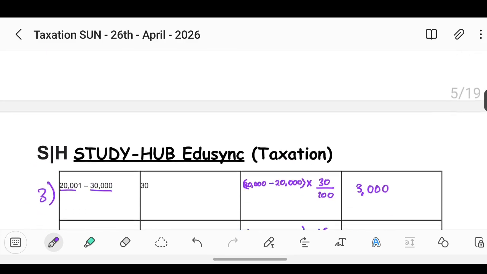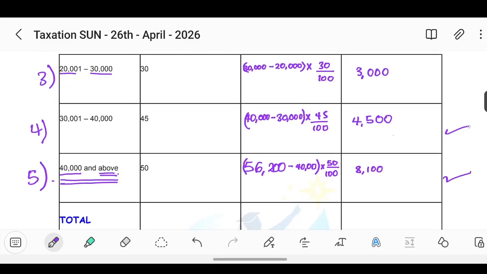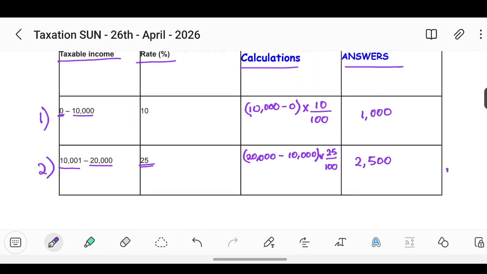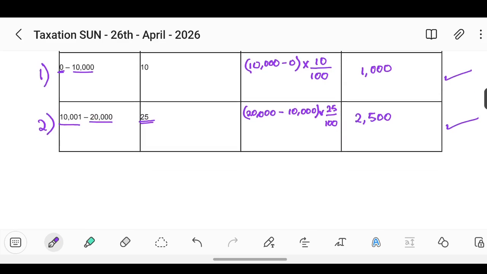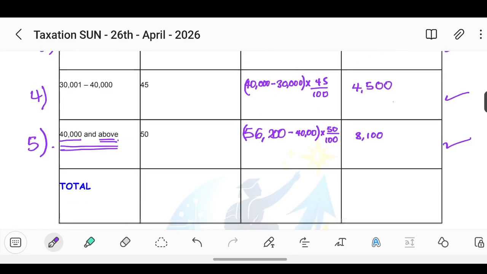When you add them, you end up with 19,100 shillings.